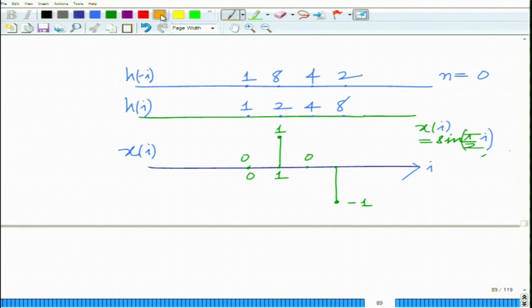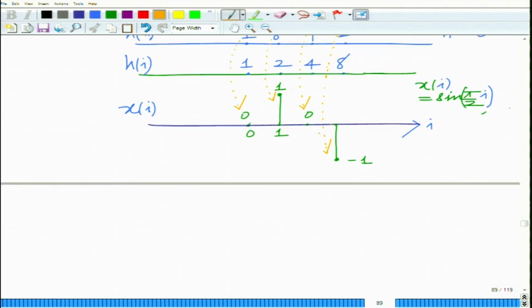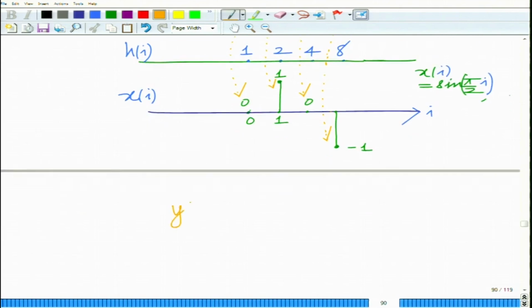So, that will be, if you look at this, we have the resulting y of 0 equals summation I equals 0 to 3 x of I into h of n minus I, which is h of minus I modulo 4.